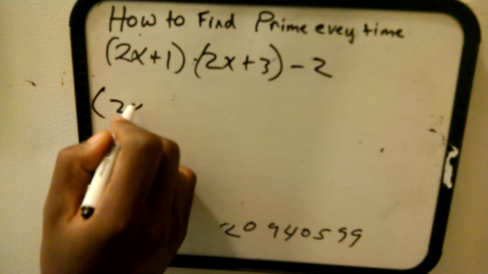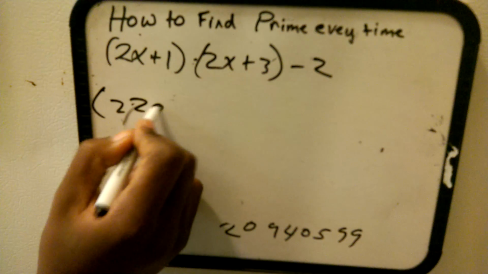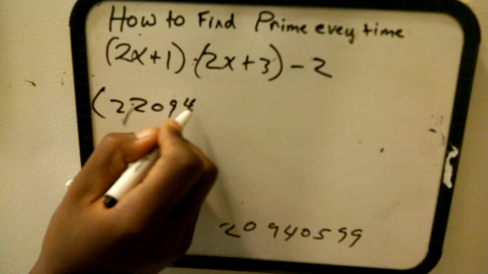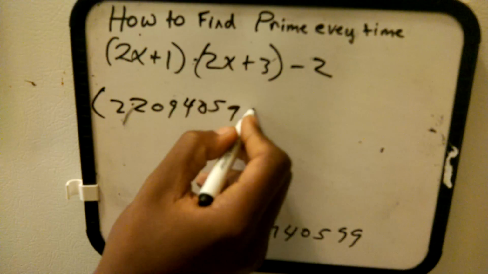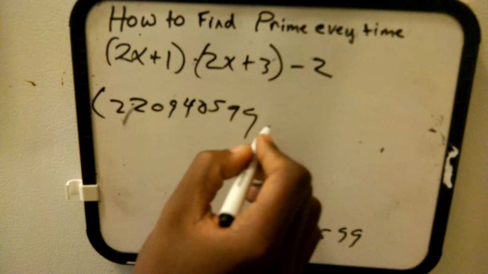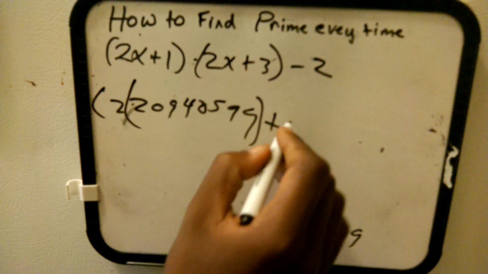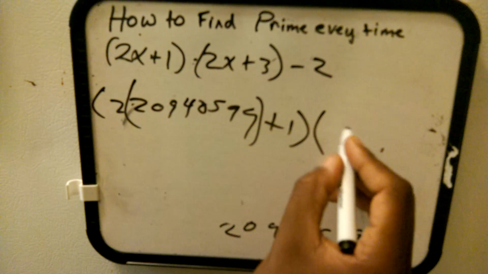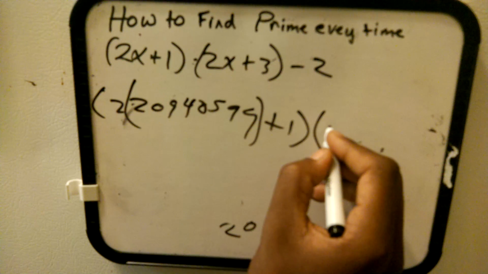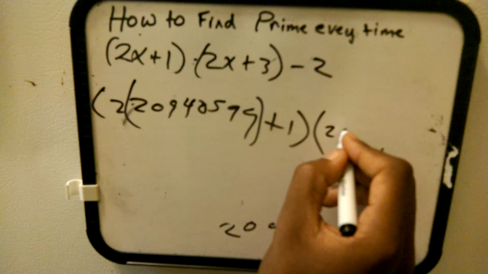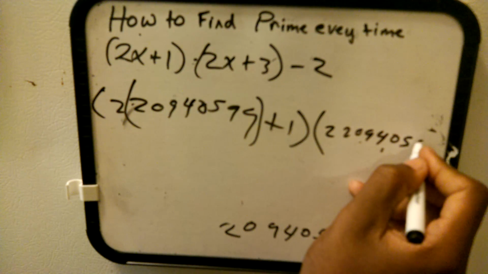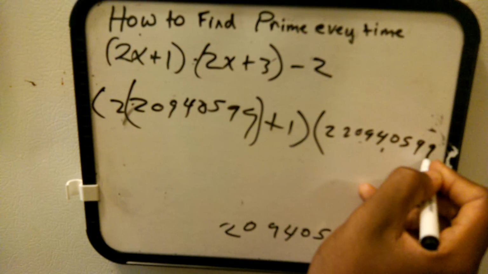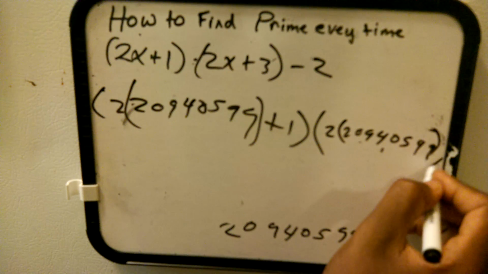2 times 209405999, plus 1 times the same thing, times 2 times 209405999. And then I plus 3 to it.